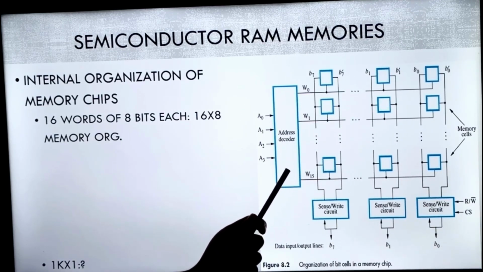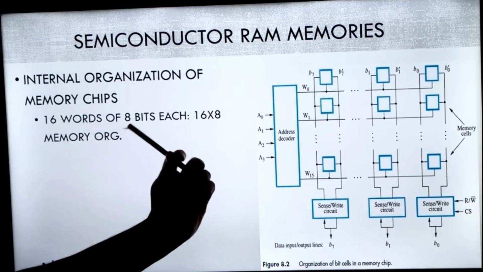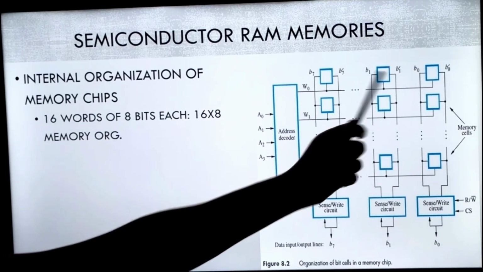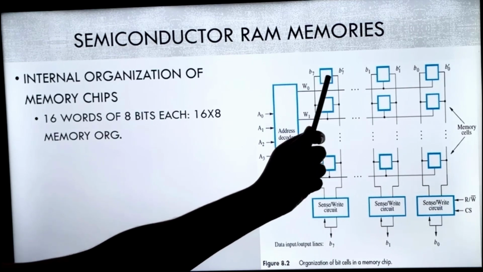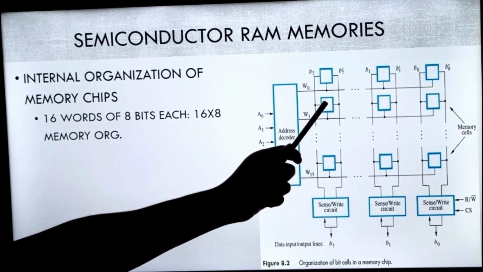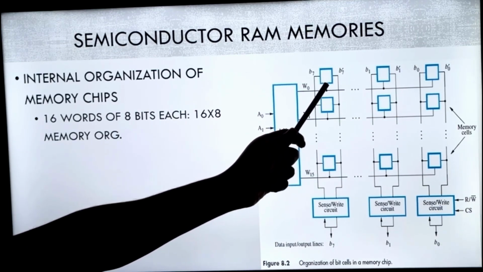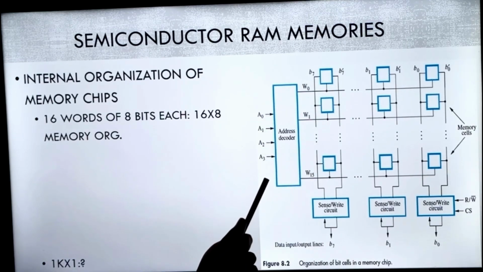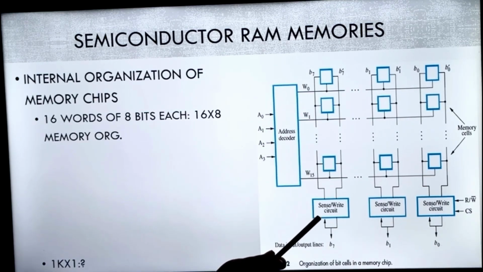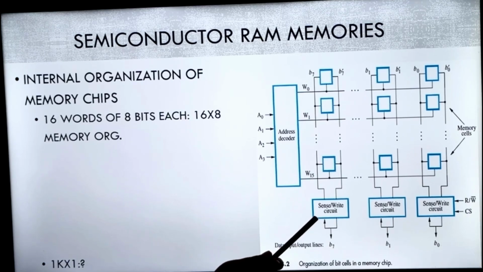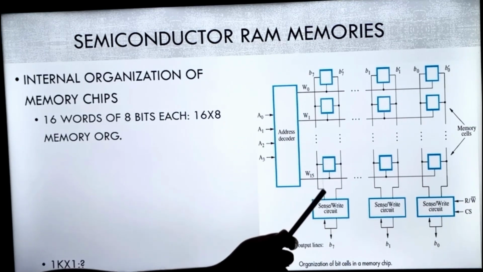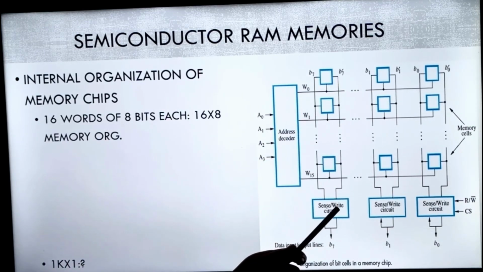Fine. Now this side, I already told you, since 8 bits are there in each word, B0 to B7, total 8 different small cells will be there, each containing one bit. Fine. And as I told you, chip select will be there for any arrangement, and these connections will be there for all the bits.